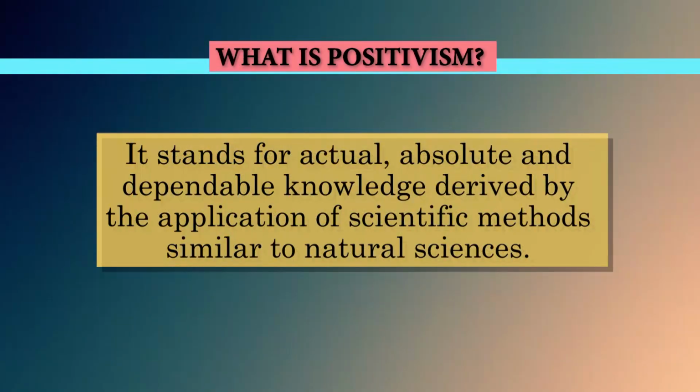So this is the basic idea about positivism. It stands for actual, absolute, and dependable knowledge derived by the application of scientific methods similar to natural sciences. So, in positivism, the basic idea is that the methods and laws which are followed in natural sciences are the only way or only source of true knowledge.